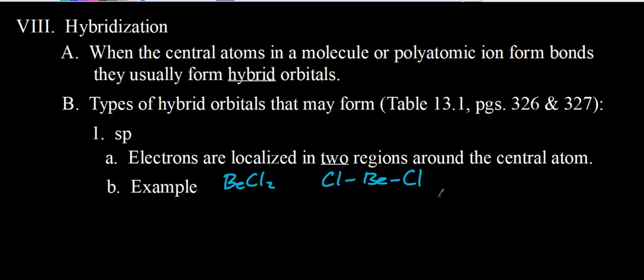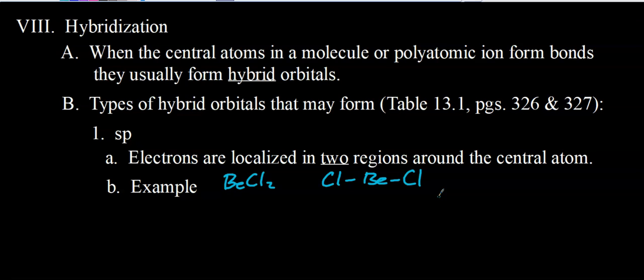So beryllium, the central atom, has two electron groups. In order to accommodate those two electron groups, it needs to form two hybrid orbitals. In order to form two hybrid orbitals, two atomic orbitals need to combine.